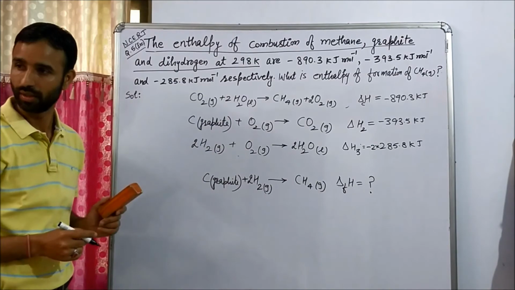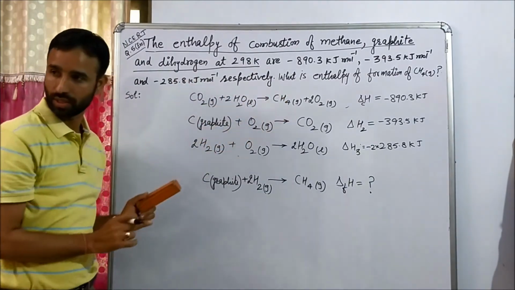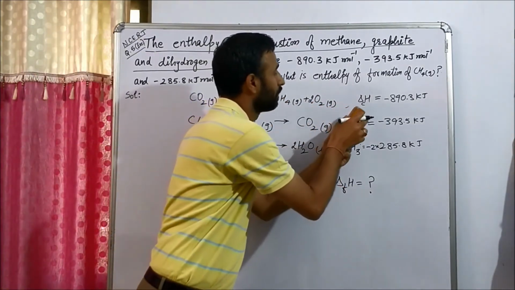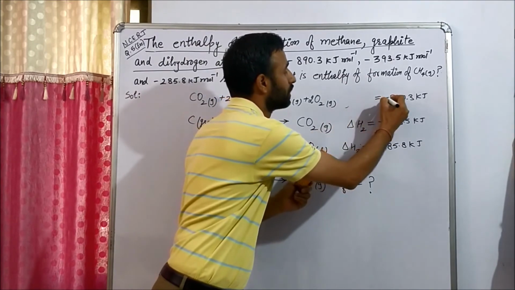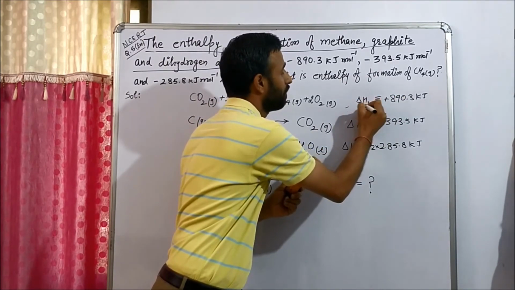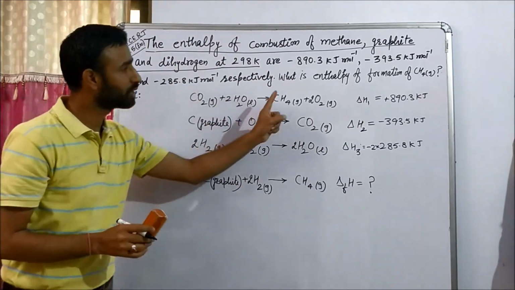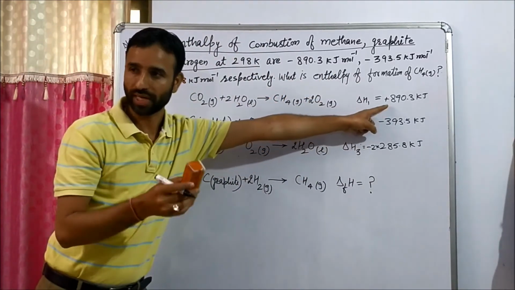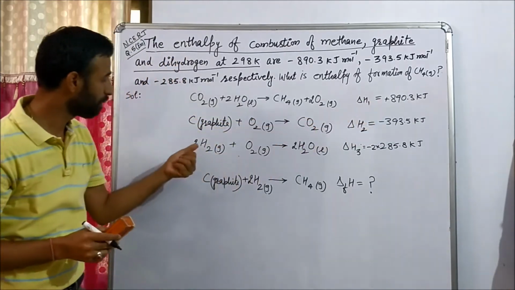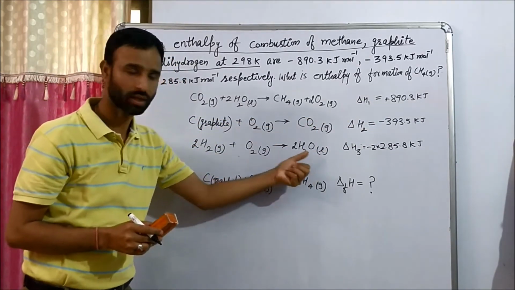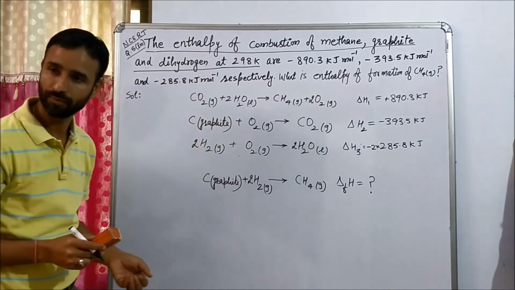This is the equation. Now, when we reverse the equation, there is a sign change, means it becomes positive. If we reverse the equation, signs go from plus to minus, minus to plus. If we multiply the equation, accordingly we have to multiply the enthalpy.